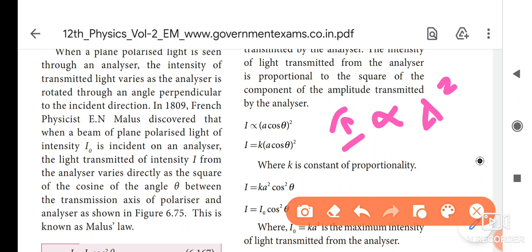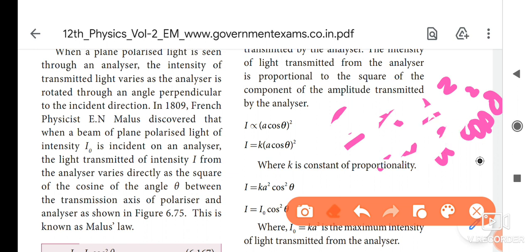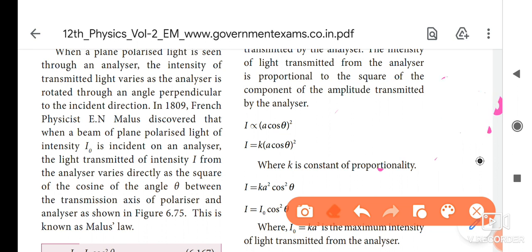Here, what is the value for amplitude? A cos theta. So instead of A squared, we put I directly proportional to A cos theta the whole square. In the next step, I is directly proportional to A squared cos squared theta. Then, if I want to remove the proportionality, we have to add one proportionality constant.